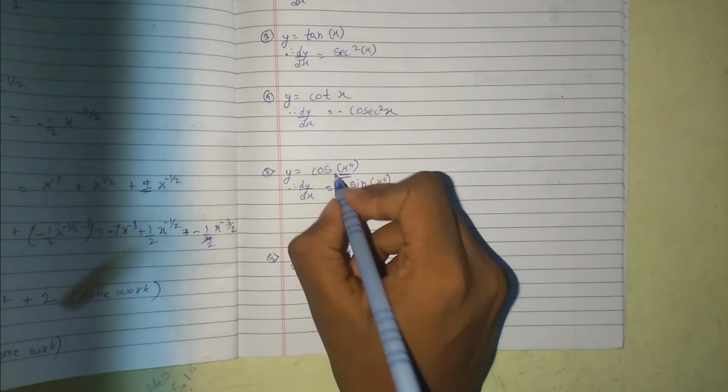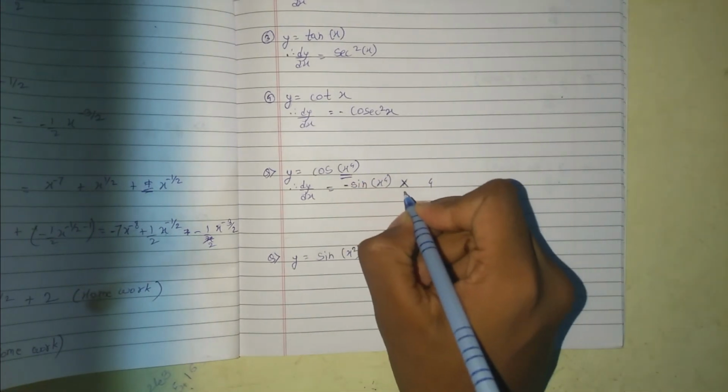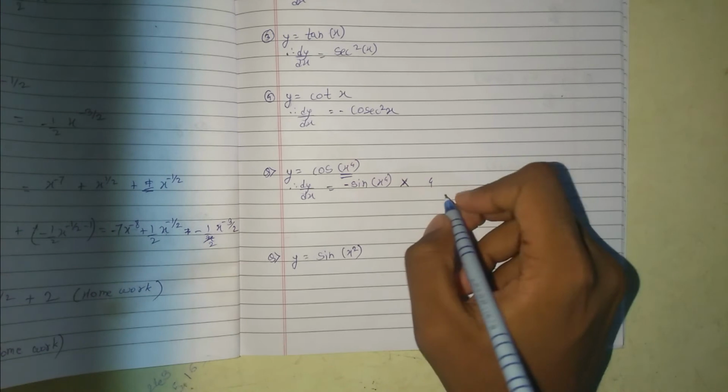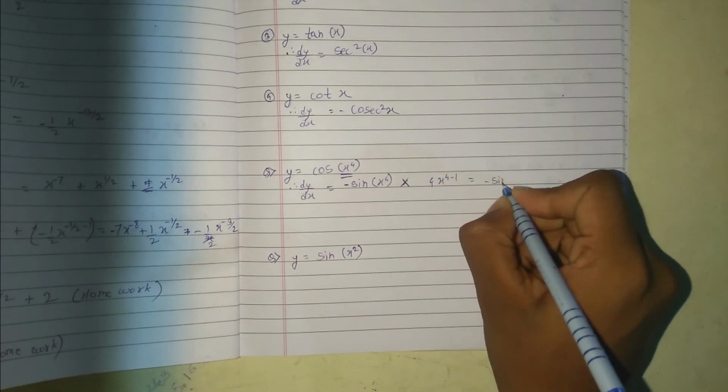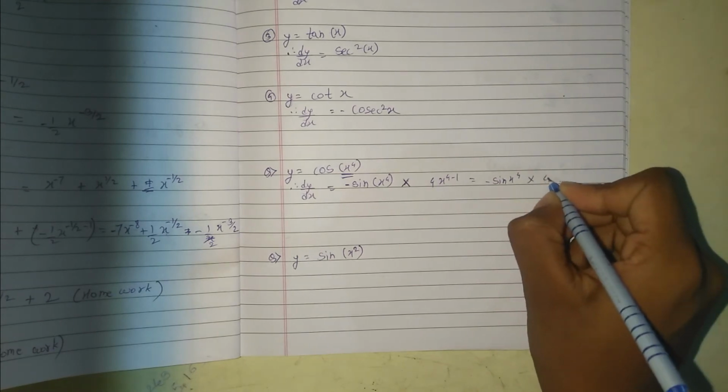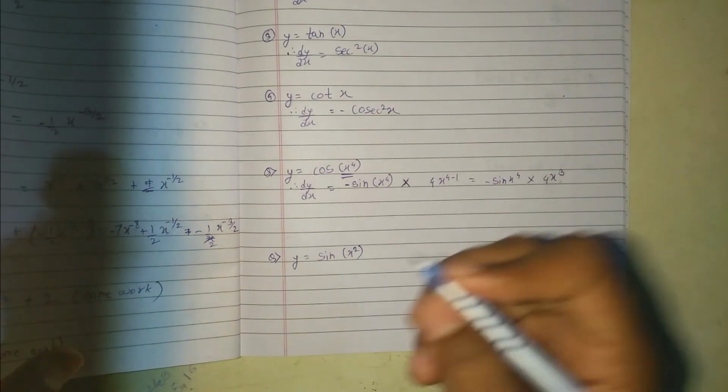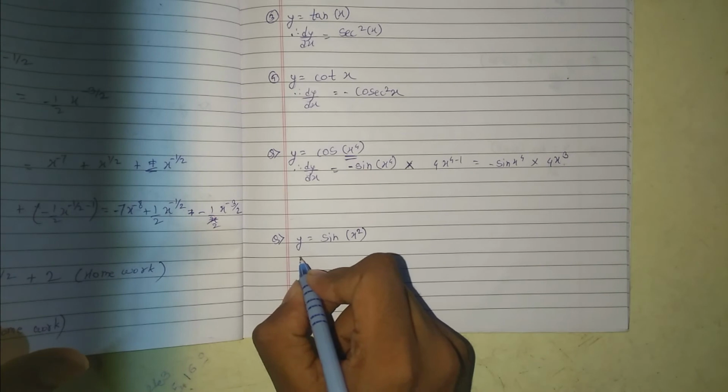Whenever it is multiplication, we take 4 x raised to 4 minus 1, which is equal to minus sin x raised to 4 into 4 x raised to 3. Let's solve the next question.